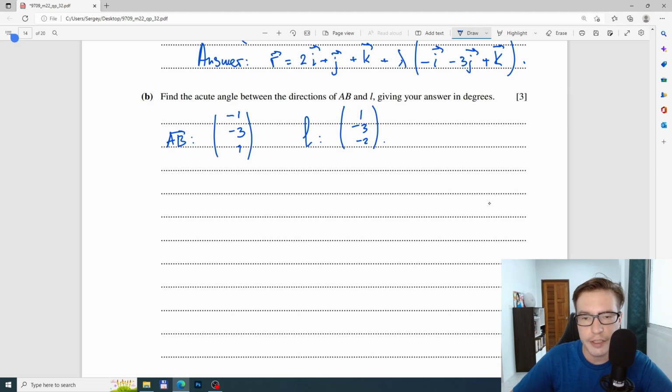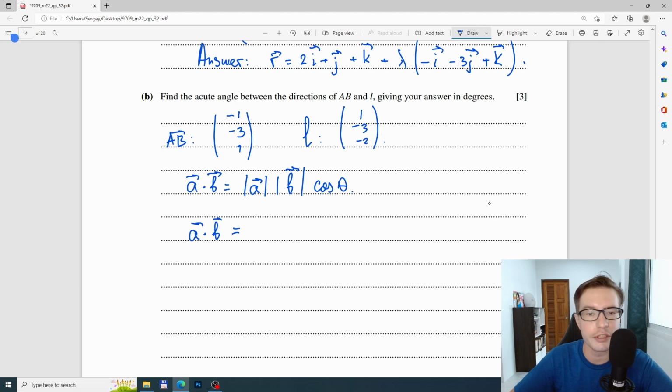Okay, and to find its angle, we're going to use the dot product, which states that A dot B is magnitude of A times the magnitude of B times cosine of the angle in between those vectors. And we can calculate this dot product using coordinates.